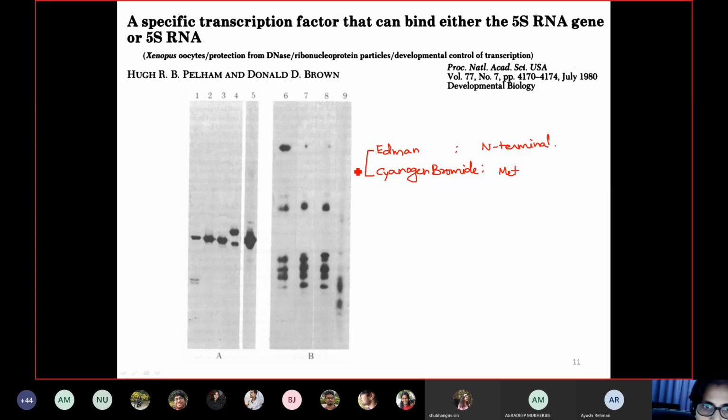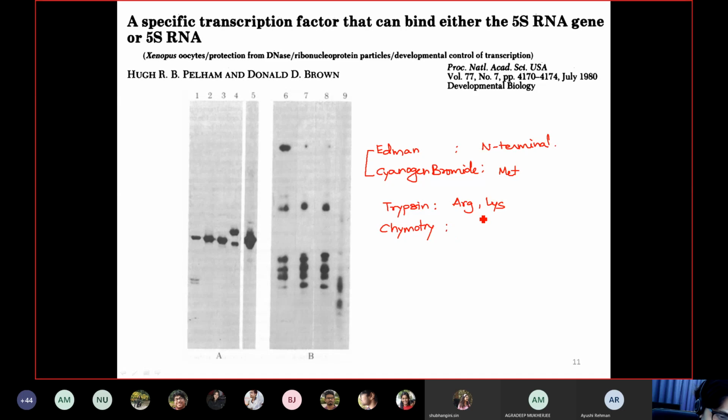Then apart from that, you have a lot of endopeptidases. For example, we have seen largely trypsin. So trypsin actually cuts after the C terminus of your arginine and your lysine. This we have seen. Then we may also see chymotrypsin.